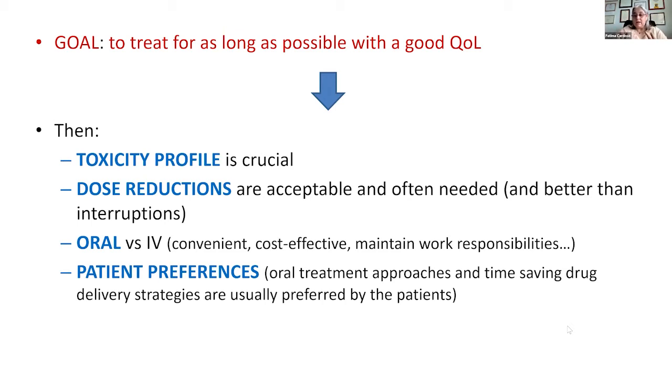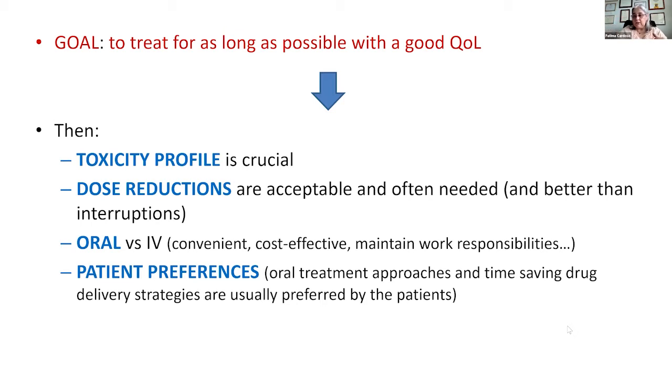And I don't have the time to go into a lot of details, but I can tell you that the majority of treatments that we use are given at too high doses because of the way we've been developing treatments. And so in the metastatic setting, we don't need to use those high doses.